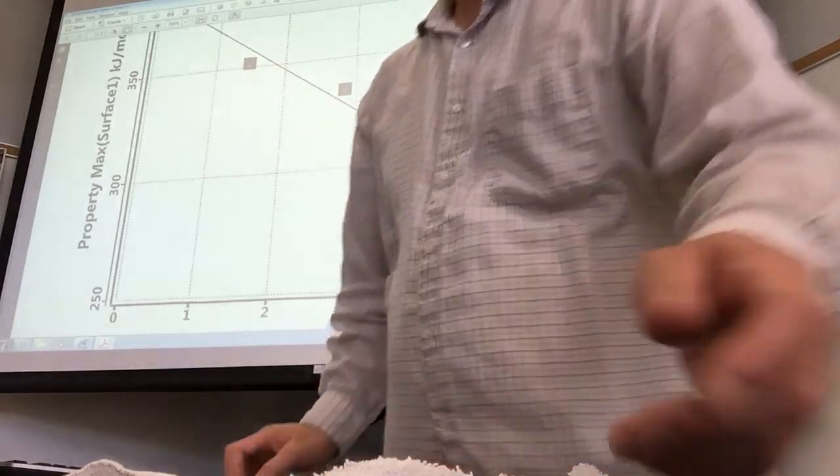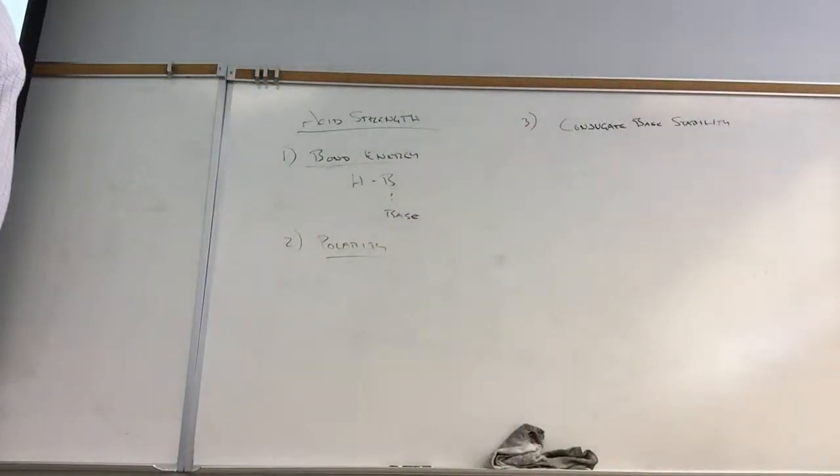So if we're looking at a stable base, we want something that's unreactive. Something that's stable is unreactive. And so what makes a base more reactive or less reactive? So let's take a look at that.